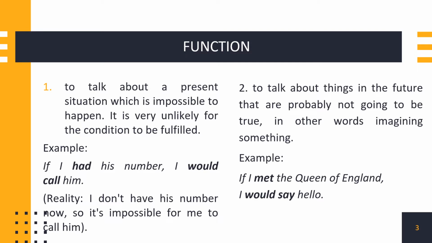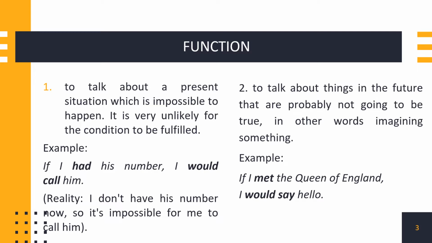The next function of second conditional sentence is to talk about things in the future that are probably not going to be true. In other words, it's only imagining something. For example, if I met the Queen of England, I would say hello. So it is quite impossible for me to meet the Queen of England.